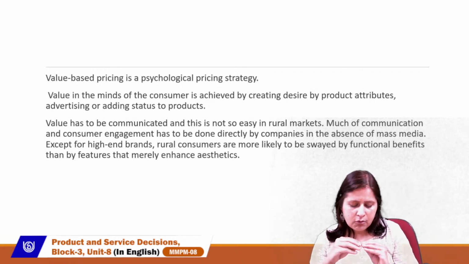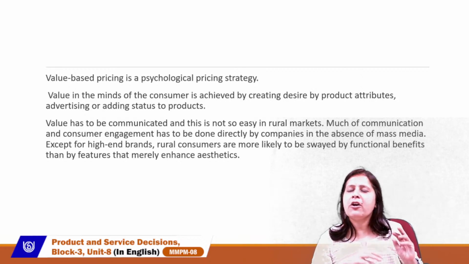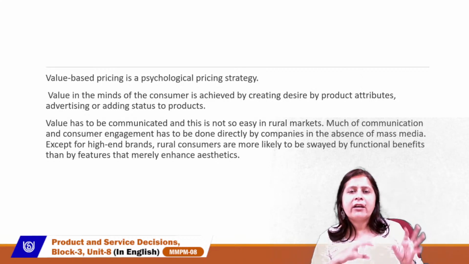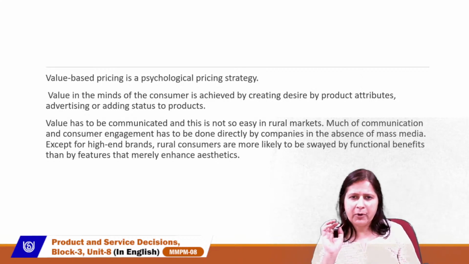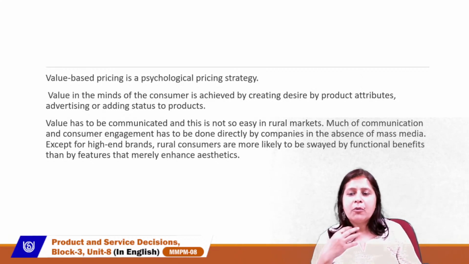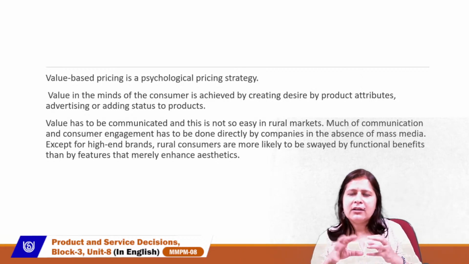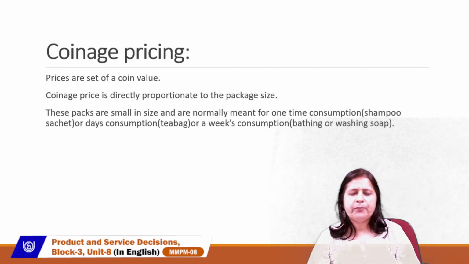What matters a lot for the rural consumer is the functionality of the product rather than its aesthetics. So it is very important to communicate with them directly rather than through mass media.